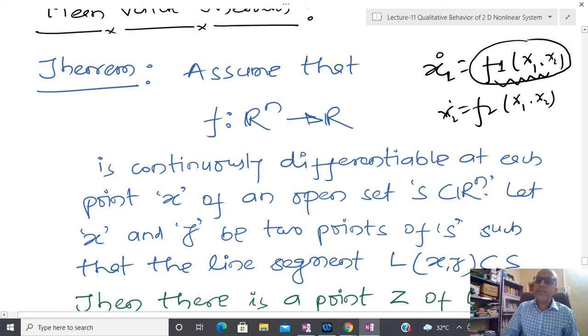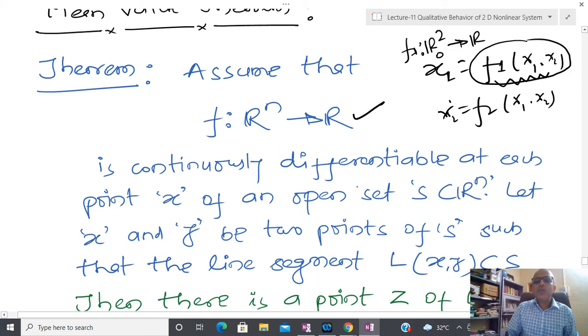Rajesh, could you please tell me? Rajesh, are you here? Sunidhi, yes: R2 to R. Similarly, even if I have n variables, this kind of mapping comes into the picture.